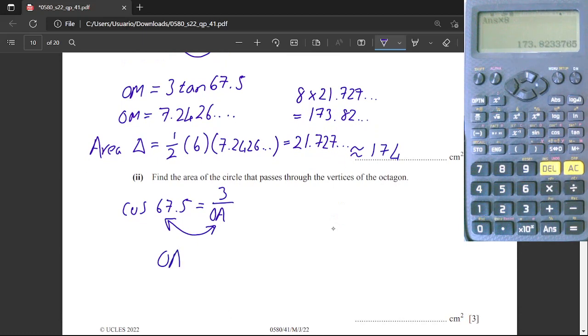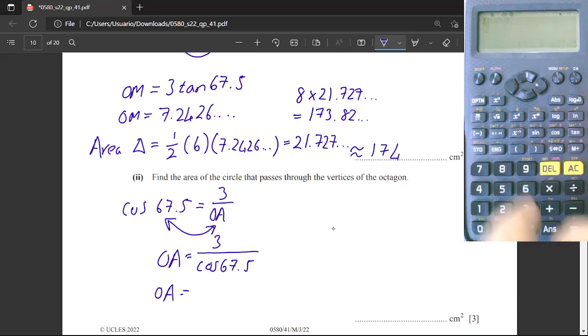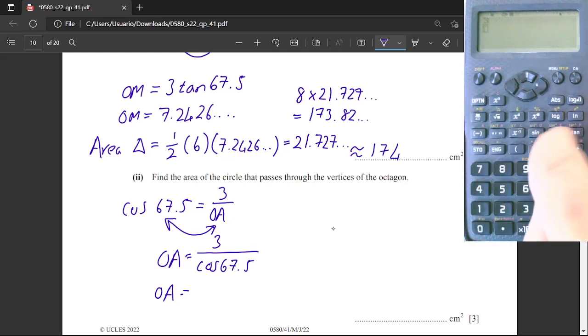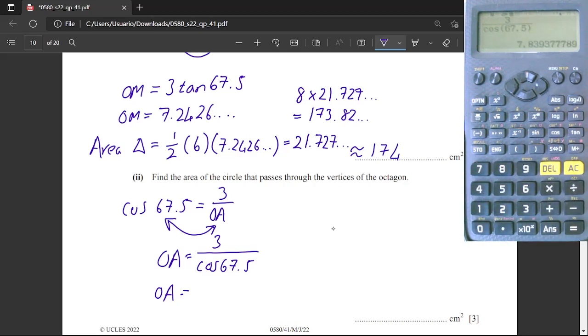So we're basically just swapping them around. OA is 3 divided by cos 67.5. Let's type that in. So the radius of that circle, or the hypotenuse of my triangle, is 7.839, etc. Again, don't round.